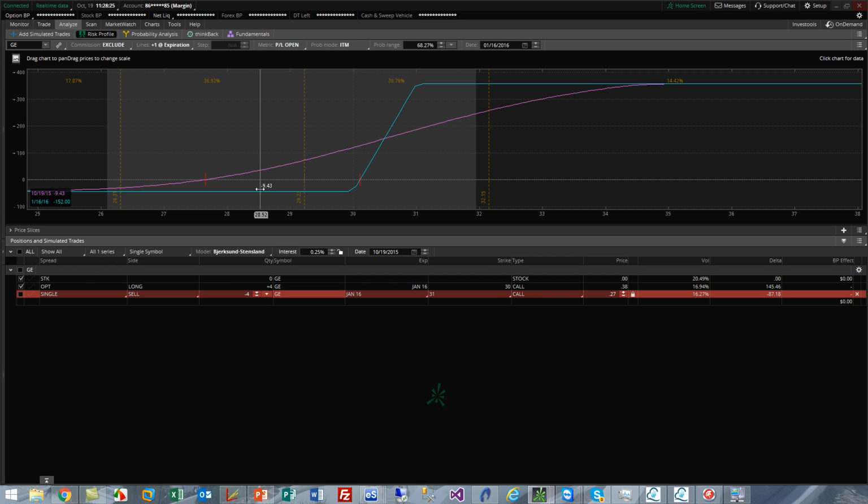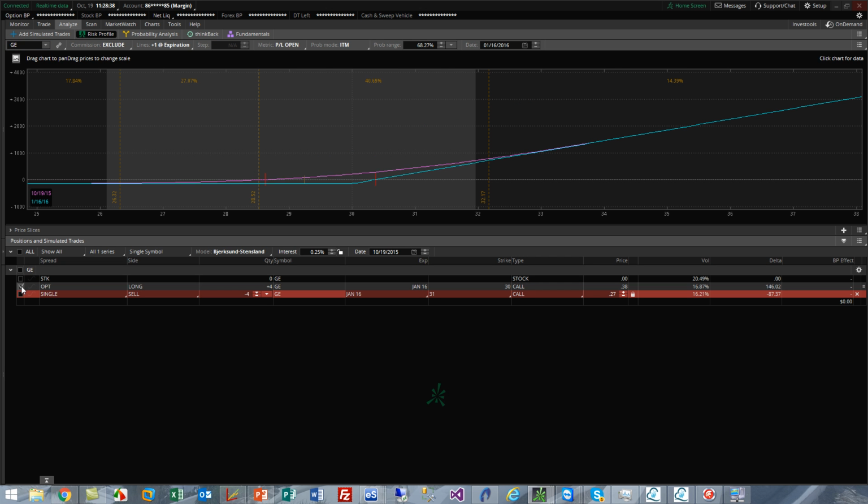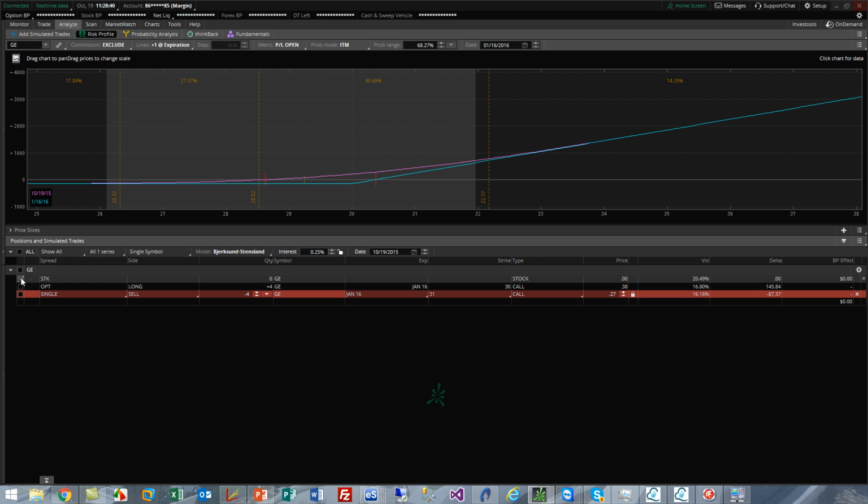It's not even showing that risk graph. Okay, this is our single right there, that basically we're in the position right now.